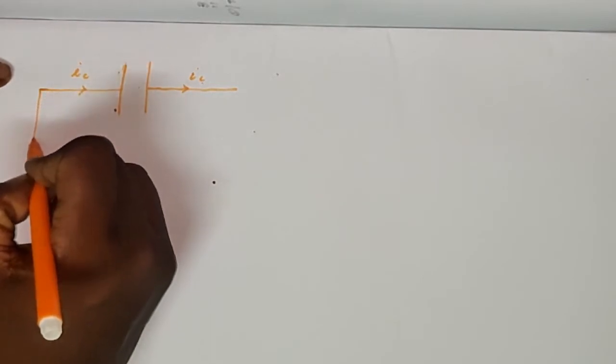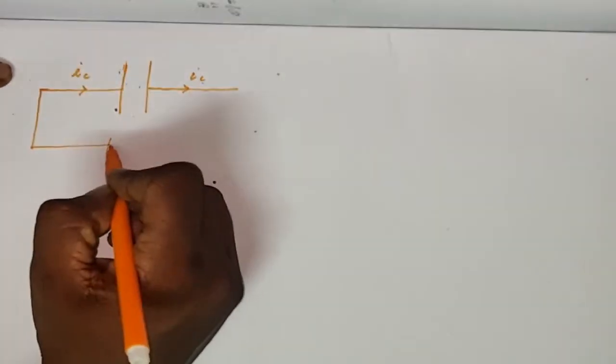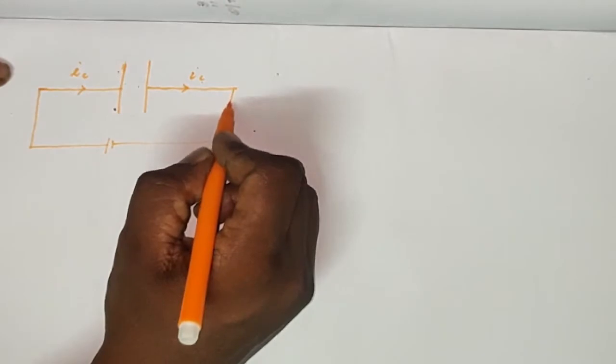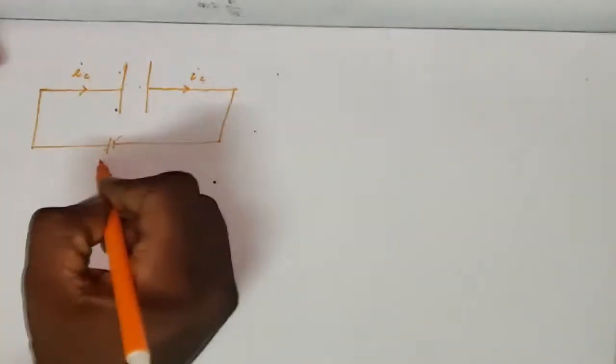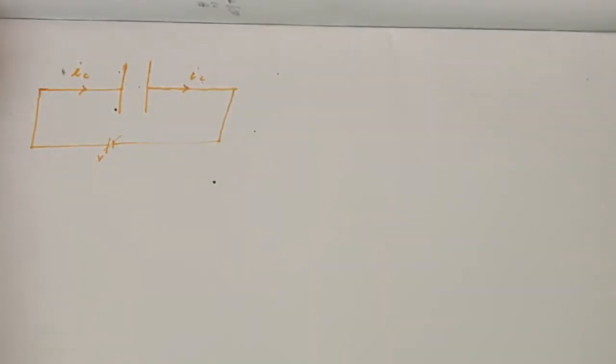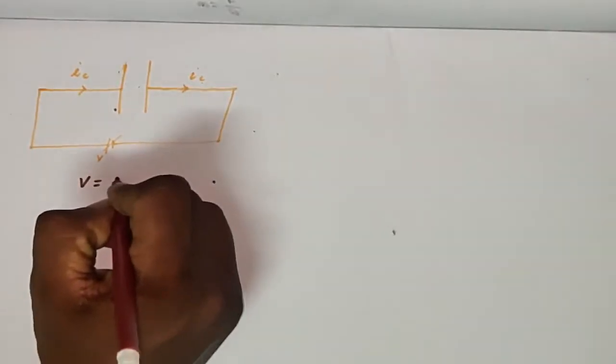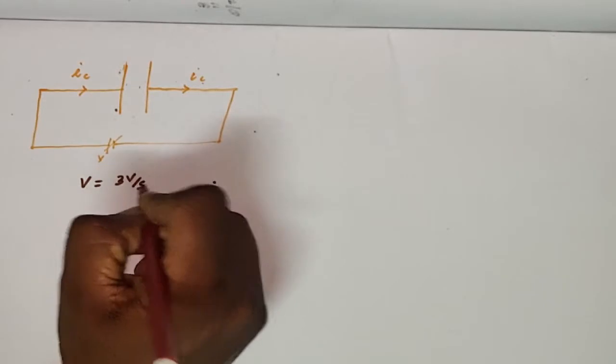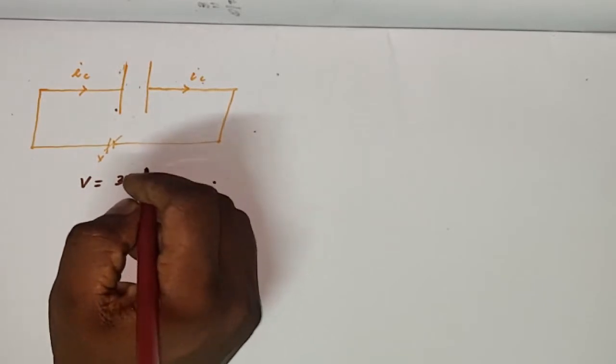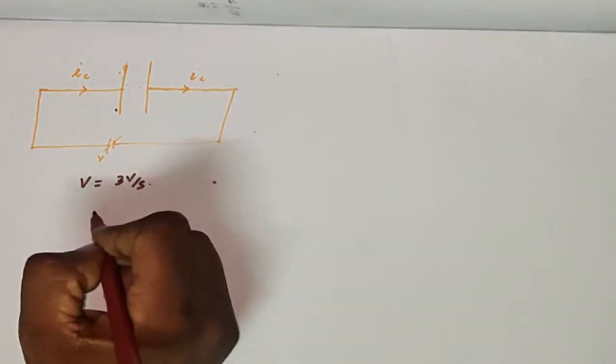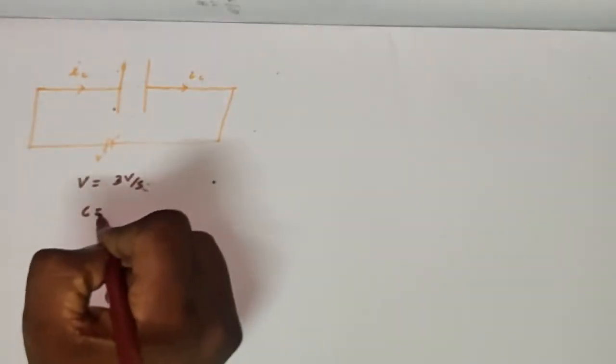The potential is changing, it's a varying potential. So the first quantity given is that the potential is changing 3 volt per second. The next one is the capacitance of the capacitor, the C value.